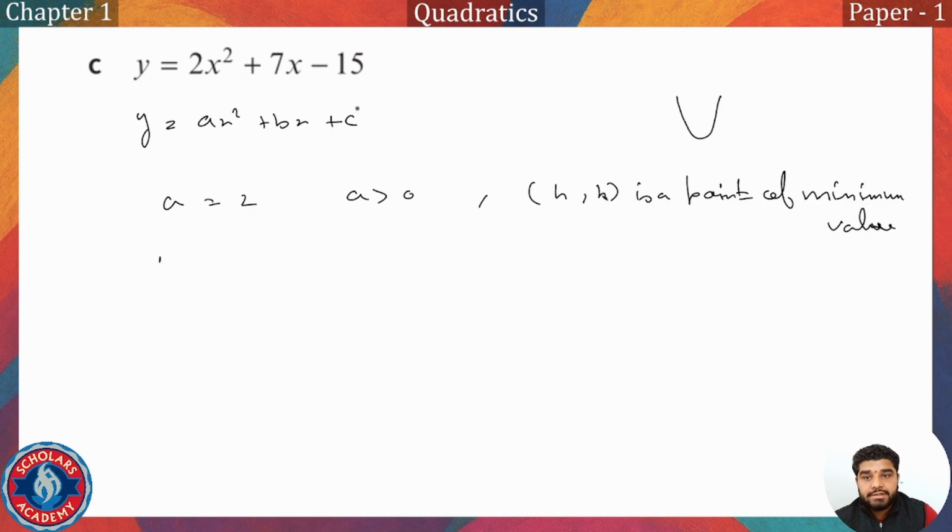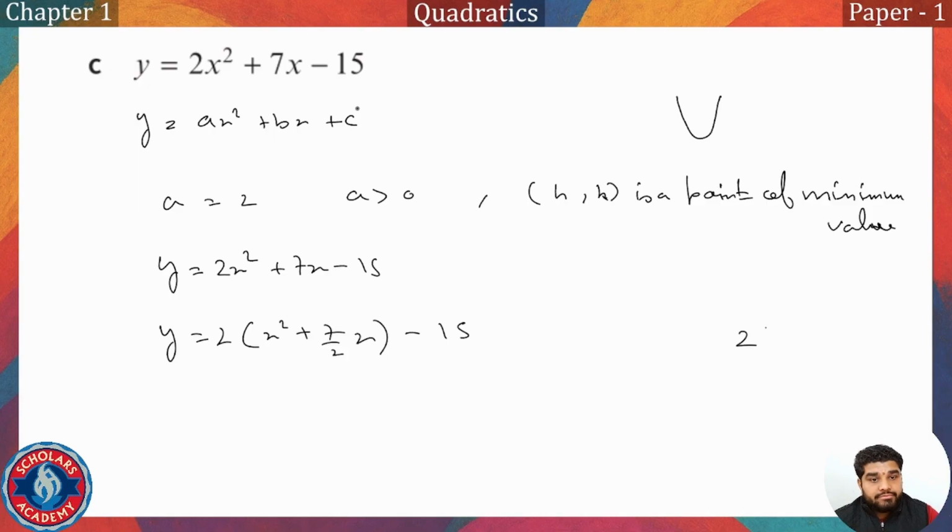Let's find this point. So y is equal to 2x square plus 7x minus 15. We take 2 common. So we get x square plus 7 by 2 x minus 15. So 2b is 7 by 2. It means b is equal to 7 by 4. It means b square is equal to 49 by 16. Right?